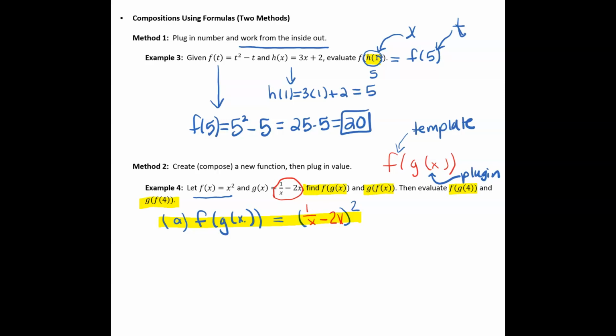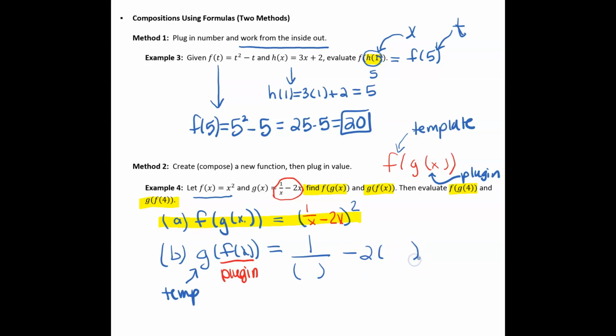So let's do part B. I want to find g of f of x. And so again, this is going to be my template, how I'm going to set it up. And this inside part tells me what equation I'm going to use on the plugin. So first thing I'm going to do is set up g. I'm going to say 1 over something minus 2 times something, putting in empty parentheses everywhere I had an x.